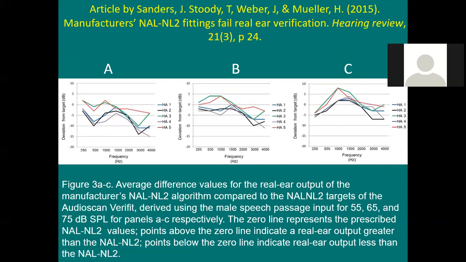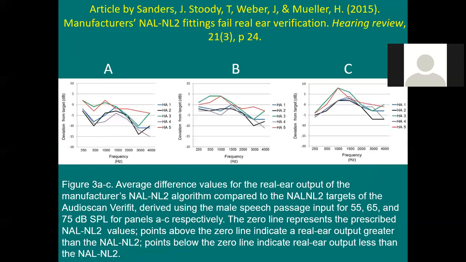Now, please don't think it's talking flat gain. It's just saying call the zero line whatever NAL was doing, okay? And then points above the zero line indicate a NAL2 output on a hearing aid manufacturer that's more than what NAL2 would be on a real ear system. And anytime you're below the zero line, it's showing you how the manufacturer's version of NAL2 is less than the NAL2 on real ear systems.